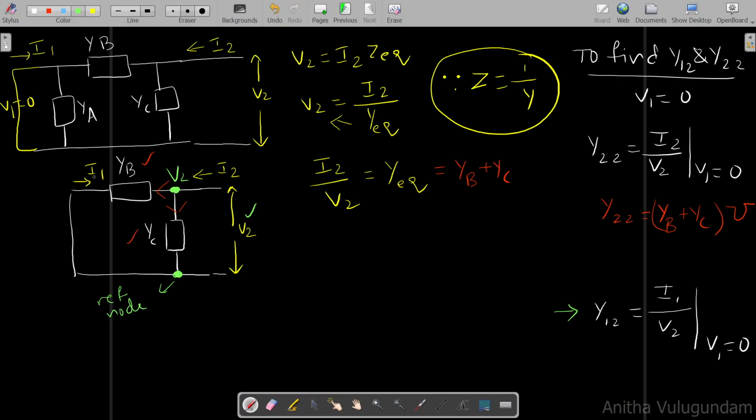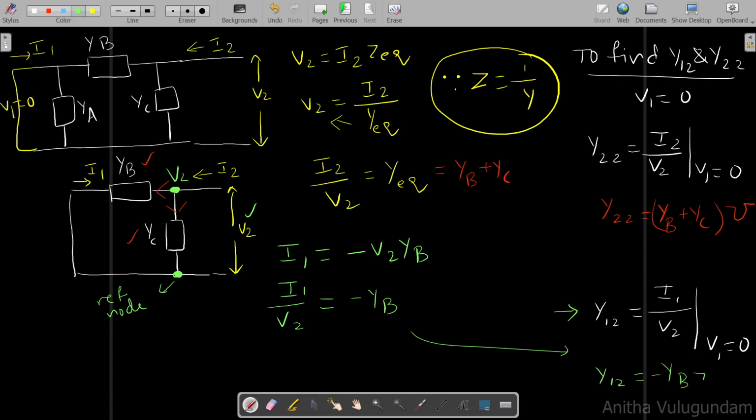So the current flowing in this YB can be written as I1 equal to minus V2 into YB, because this is admittance. So I1 by V2 equal to minus YB. By substituting this, you can write Y12 equal to minus YB mho.